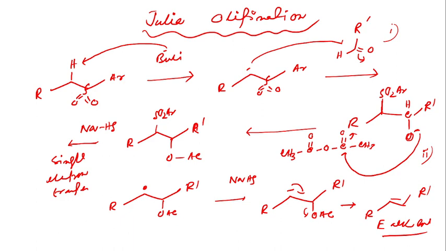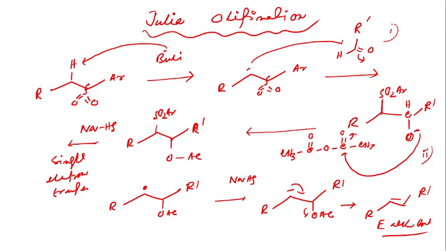Now I am directly coming to the example part. This is the first example I am showing you. We know the core of this reaction. Now let's see how the substituents play out in the variety of examples. Let's say this is our starting substrate, this is S and Ph.